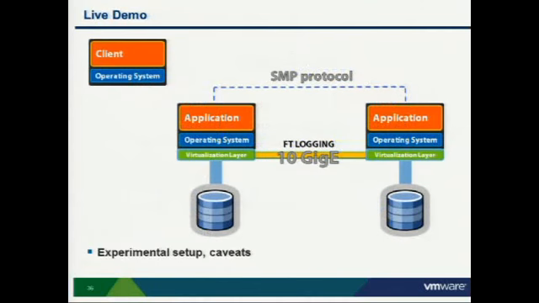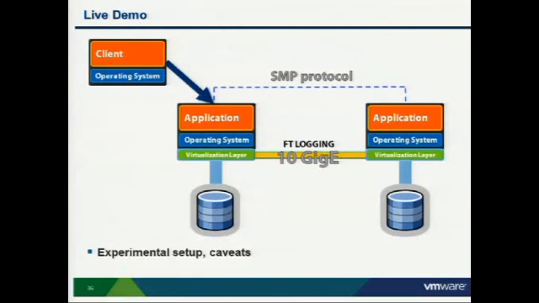All right, so what we'd like to do is give a little demo of what the system looks like. We've got a VM, and it's protected with fault tolerance, and it's doing the SMP protocol. And we have a client out there. It's not protected. It's just a regular Windows client. It's going to connect to the VM and issue a bunch of queries to a database server running Oracle, which we have protected. Then we're going to fail over.